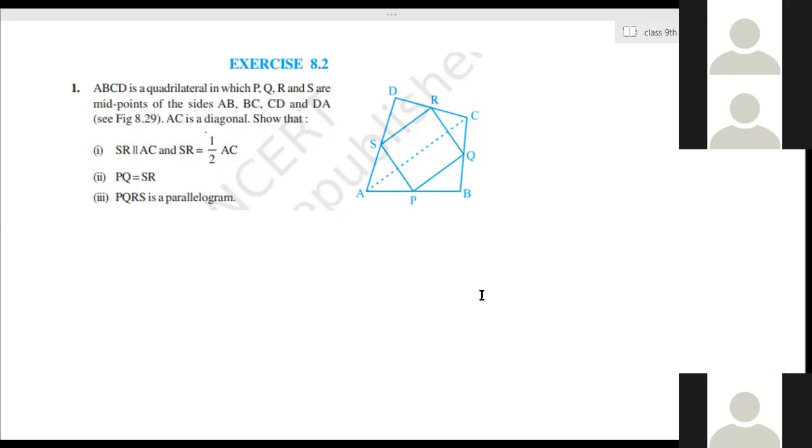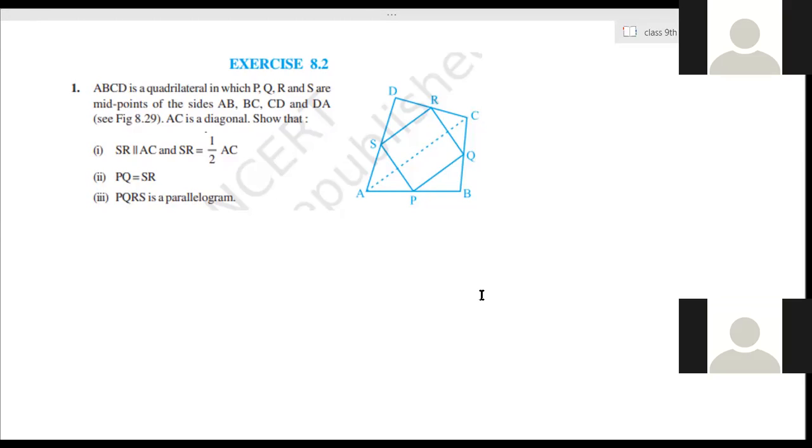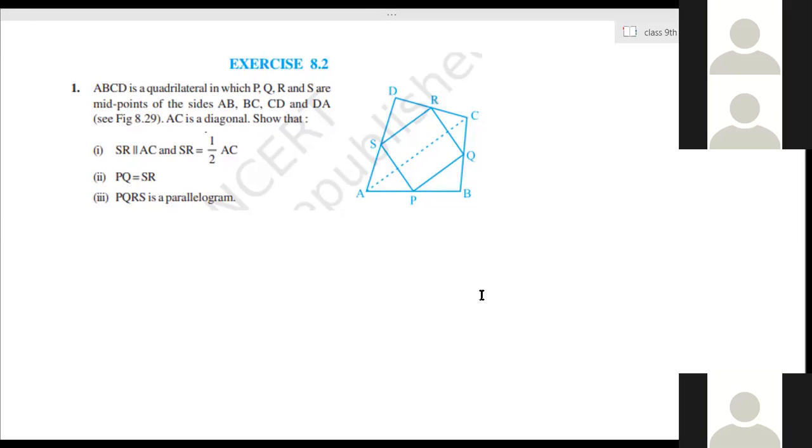What is given? For example, in a triangle ABC, the midpoint of AB is E, and we have to prove that D is the midpoint of AC. This is possible only when DE is parallel to BC. Yes, ma'am.